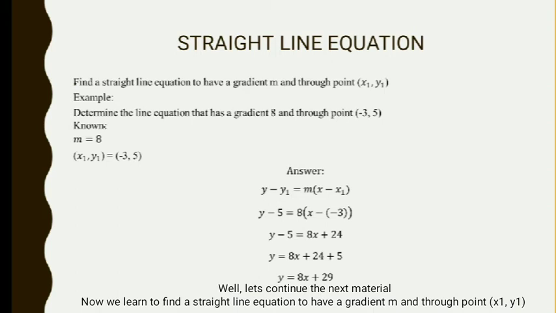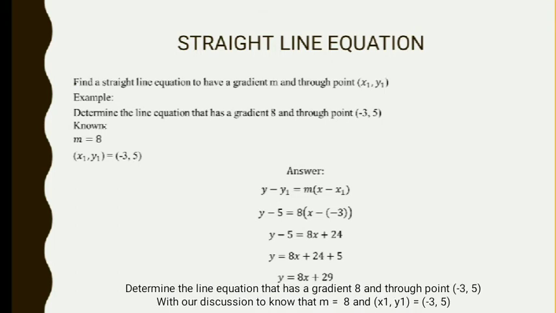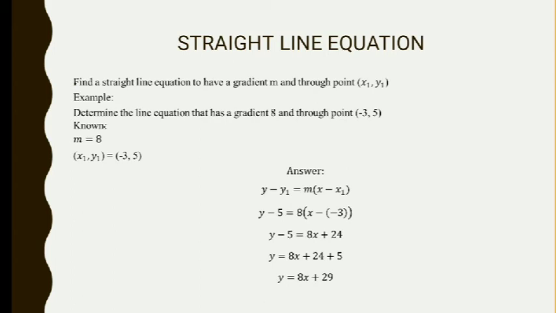Now we learn to find a straight line equation that has gradient m and passes through point x1, y1. Determine the line equation that has a gradient of 8 and passes through point minus 3, 5. So m equals 8, and x1, y1 equals minus 3, 5.